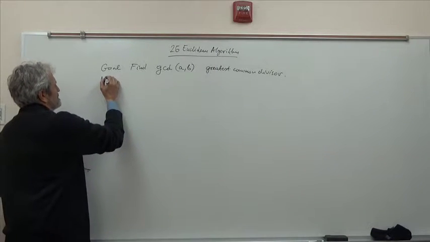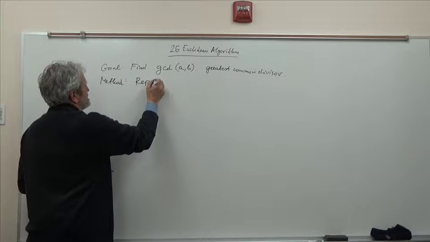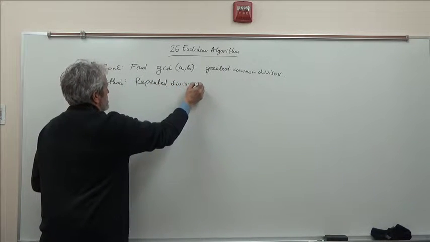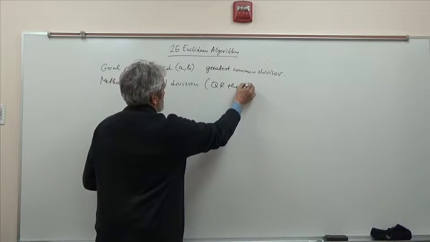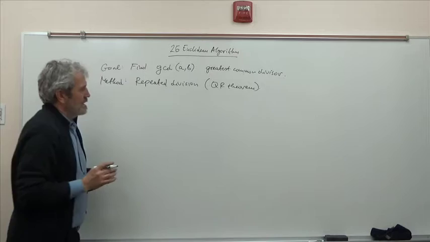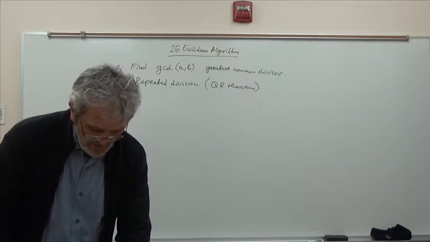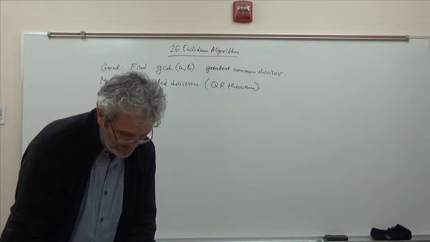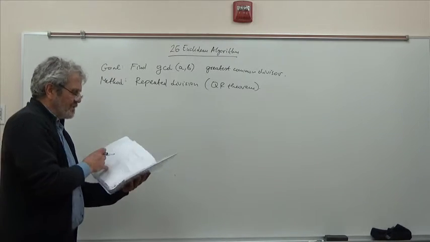So the method is repeated division, which is what the quotient remainder theorem gives us. Generally, I think the best way to understand this is to just do one example, see what's happening, and then we'll formulate the theorem.